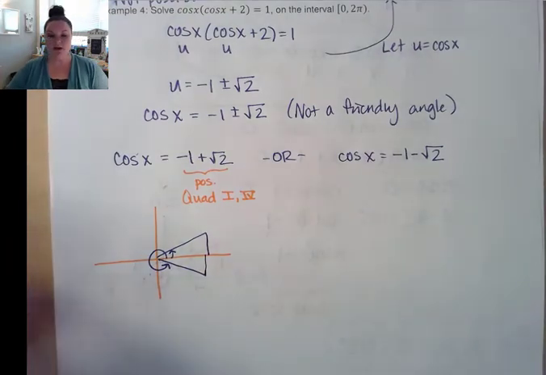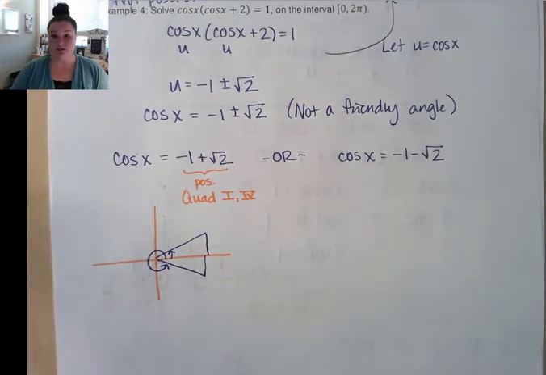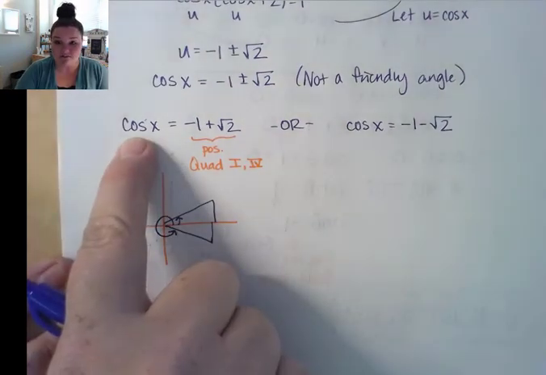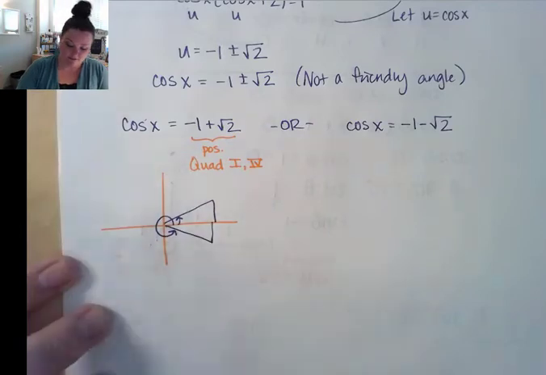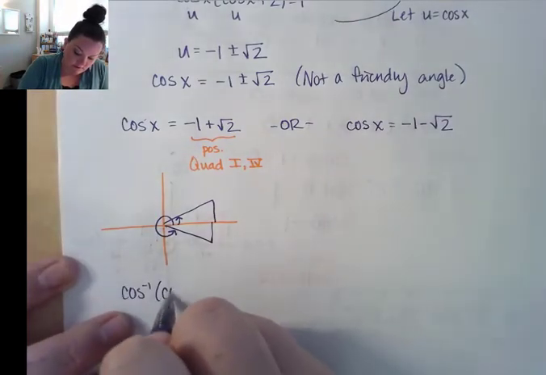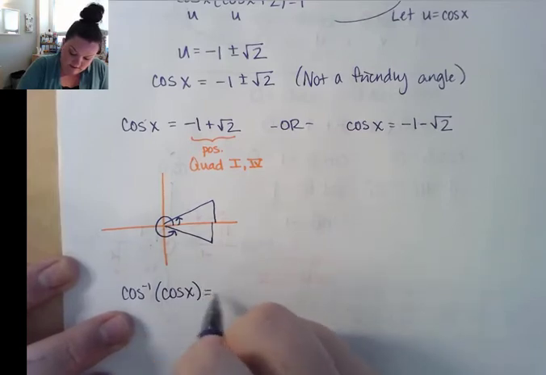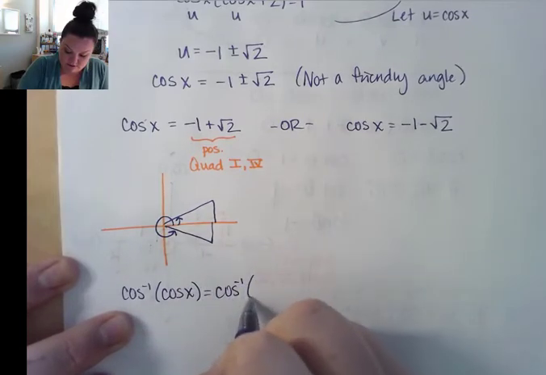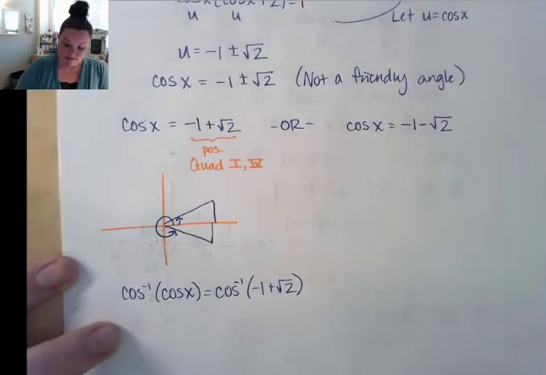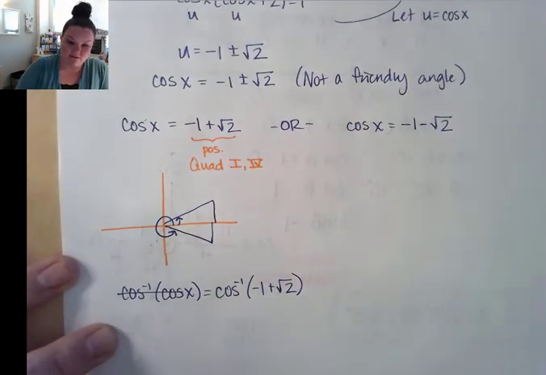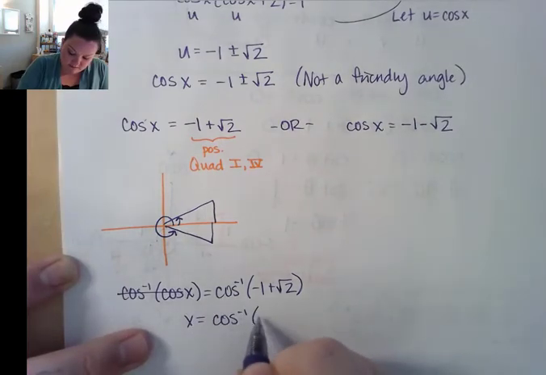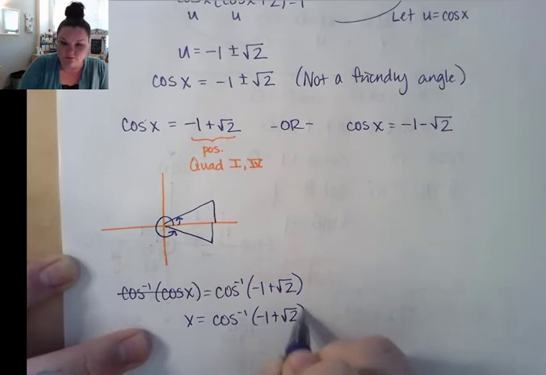All right, so let's go ahead and see if we can figure out what those angles are going to be now. So to solve, I'm going to use the cosine inverse function, okay? So I have cosine inverse of cosine x is equal to cosine inverse of -1 plus the square root of 2. Cosine and cosine inverse cancel. So I have x is equal to cosine inverse of -1 plus the square root of 2.